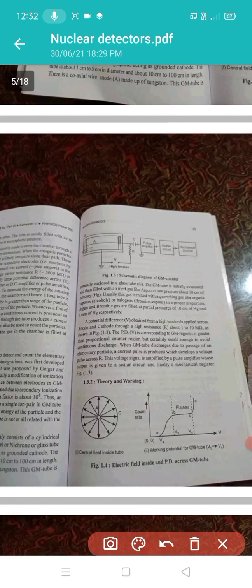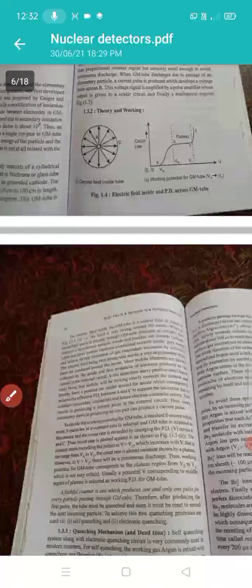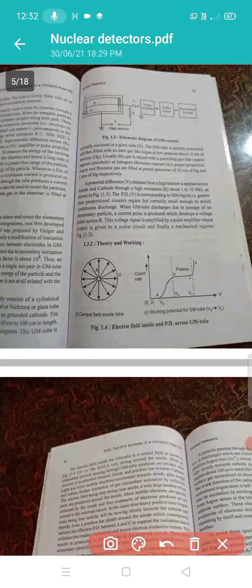The electric field inside the GM tube is a central field, as shown in the figure. Here the diagram is given: the central field inside the tube.